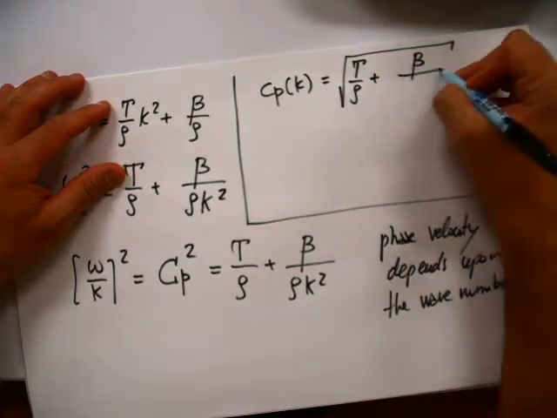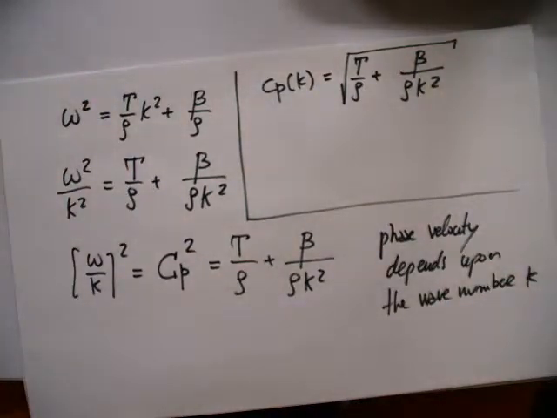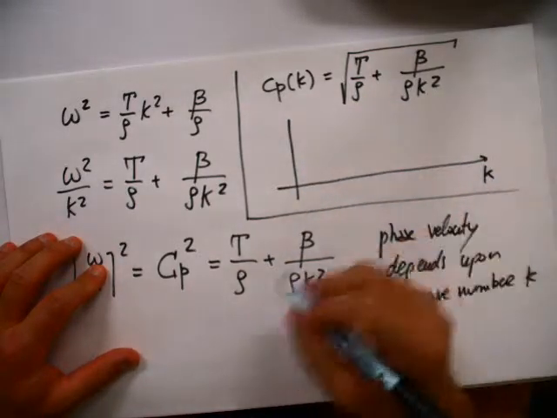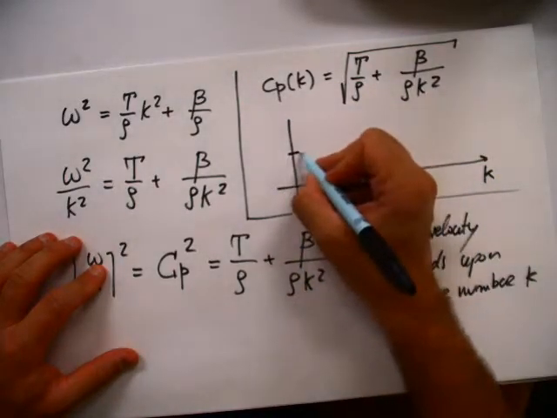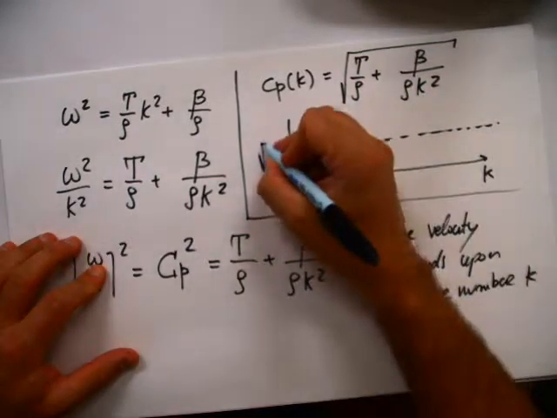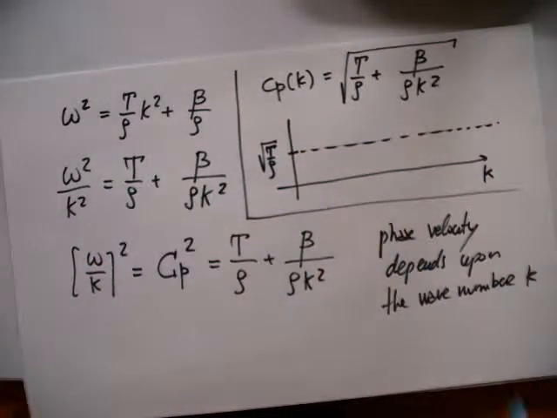So if we plot this expression as a function of k, we have a limiting value, which is basically the square root of T divided by rho, which is the speed when there is no elastic bed.